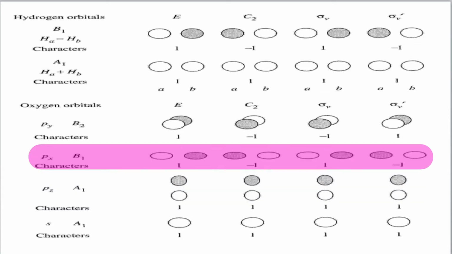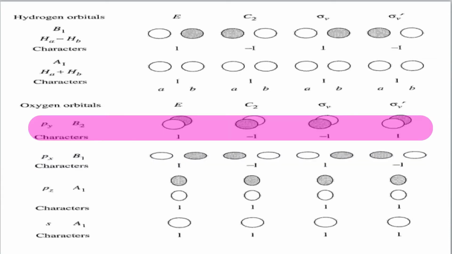Come to the px orbital. Let me consider the left side lobe as positive, the right side lobe as negative. Perform identity, no change. Perform C2, yes, it is antisymmetric, so -1. Sigma xz, symmetric, so 1. Sigma yz, antisymmetric, -1. So which kind of irreducible representation is it? Yes, it is B1. So we found now the third player in the team of oxygen who is wearing the B1 jersey.